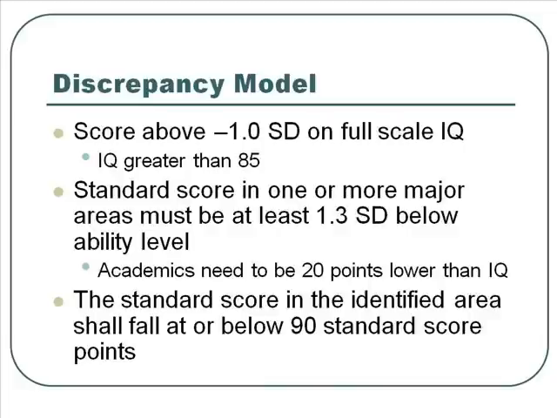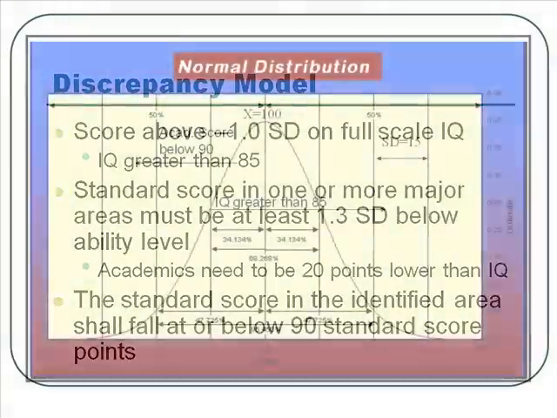This last criteria is unique to Nebraska and not universal across the United States. This one states that the standard score in the identified area or the academic areas shall fall at or below 90 standard score points. Standard scores must be used. Age or grade equivalents cannot be used to determine discrepancy.